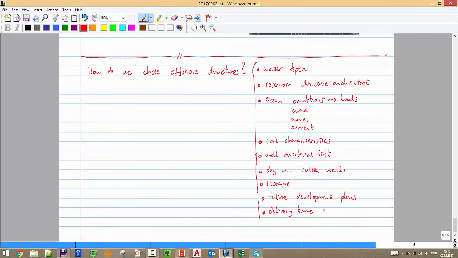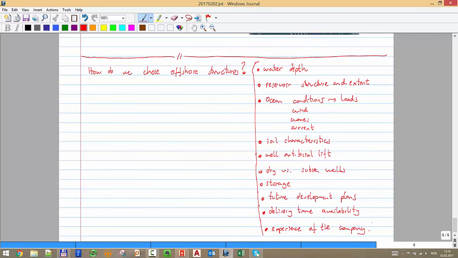And one more thing is the experience of the company with that particular type of structure. Some companies say we don't want to know anything about that, we haven't worked ever, and we will never work, we don't like it. So that's experience of the company.